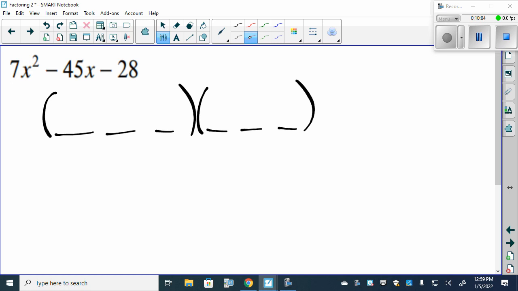So there is not a greatest common factor, so we'll go on to our two sets of parentheses with three spaces. Now, since the third term is negative, our signs are opposite. One's going to be positive, the other is going to be negative. Now the factors of 7x squared are x and x, and 7 and 1.